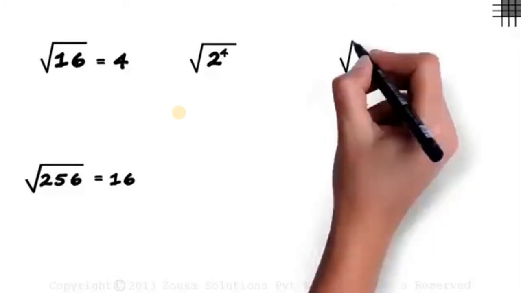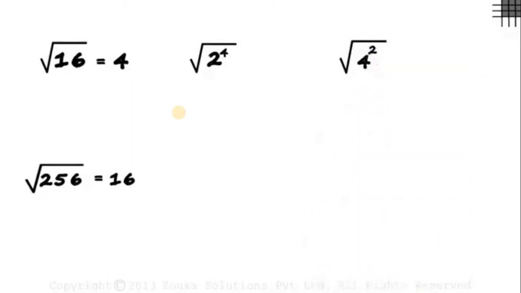Can it be written in some other way? Yes, it can be written as 4 to the power of 2. We just wrote 16 in 2 different ways: 2 raised to 4 and 4 raised to 2.